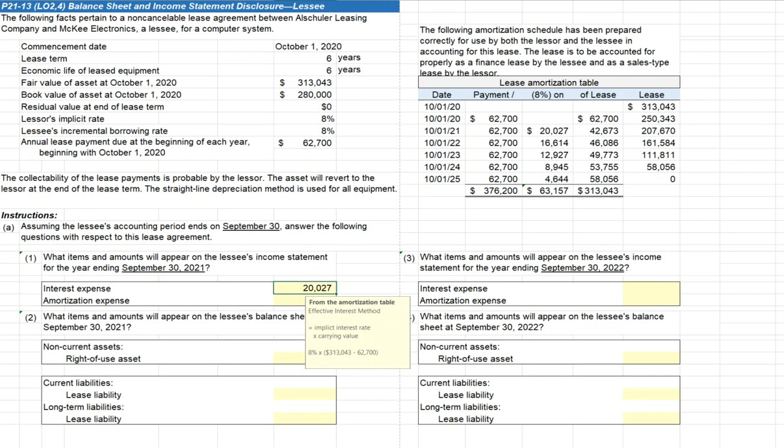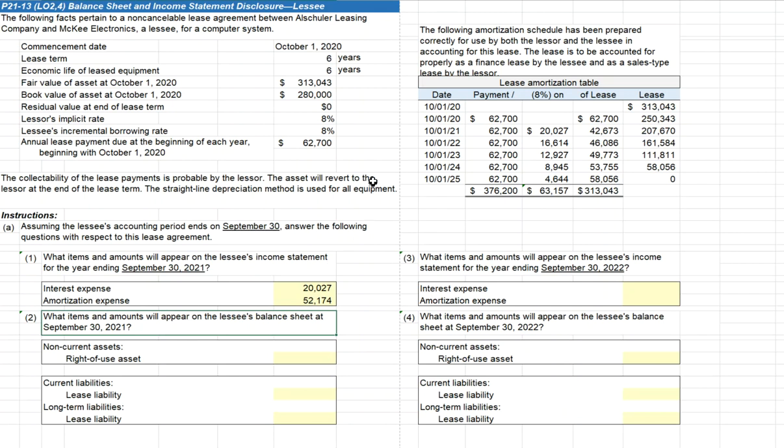Our amortization expense on the lease, we take our right of use asset and amortize it over the lease term. We had $313,000 initial fair value as we calculated in our amortization table and that we were given, and that's simply spread over a 6-year period.